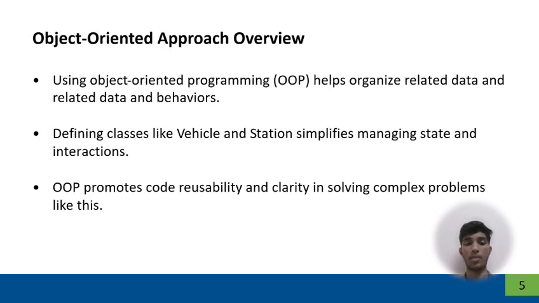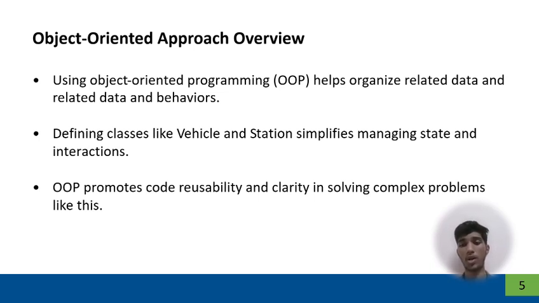Object-oriented approach overview. Using object-oriented programming helps organize related data and behaviors. Defining classes like vehicle and station simplifies managing state and interactions. Object-oriented programming promotes code reusability and clarity in solving complex problems.